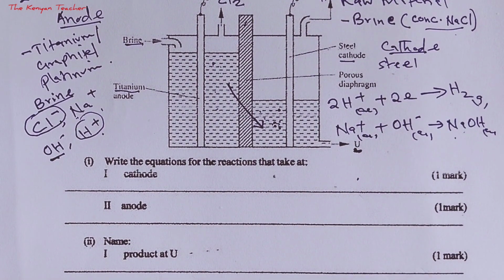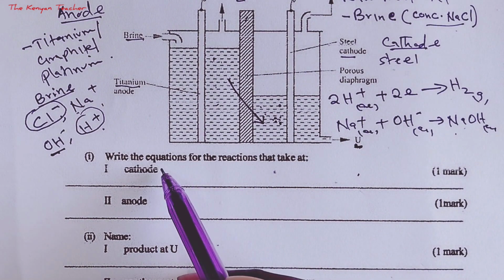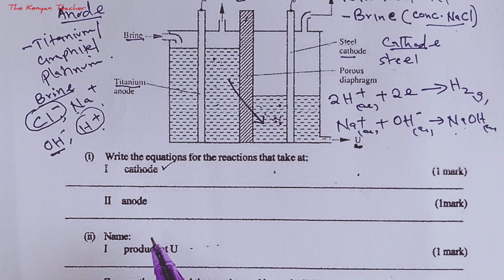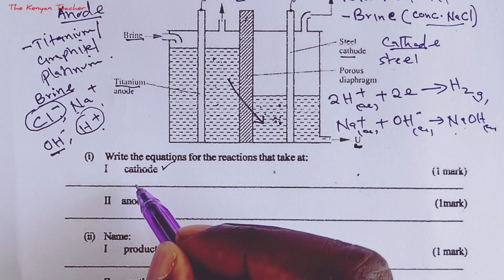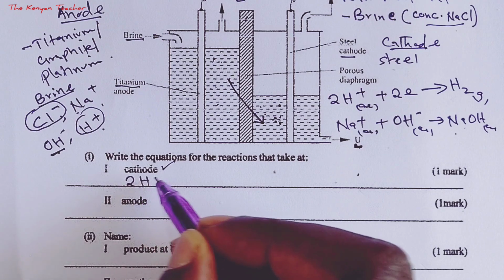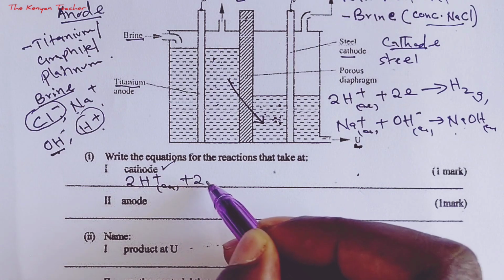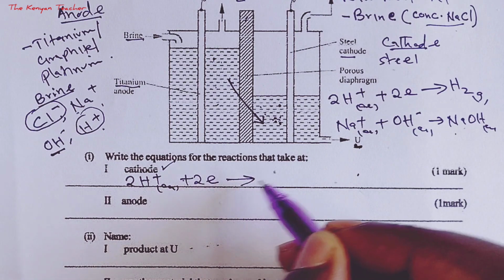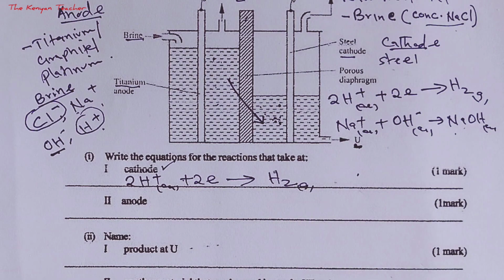Roman 1, write the equation for the reaction that takes place at cathode. At cathode, we discharge hydrogen ions. So 2 moles of hydrogen ions in aqueous state would accept 2 moles of electrons, and we end up forming or producing hydrogen gas.